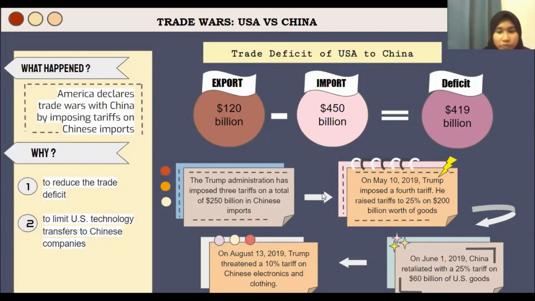On June 1st, 2019, China retaliated with a 25% tariff on $60 billion of US goods. On August 13, 2019, Trump threatened a 10% tariff on Chinese electronics and clothing, and many more to come.